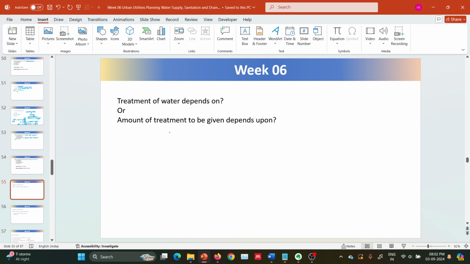Treatment of water depends on. So if you are going to treat the water, how much do you need to treat? How will we know?